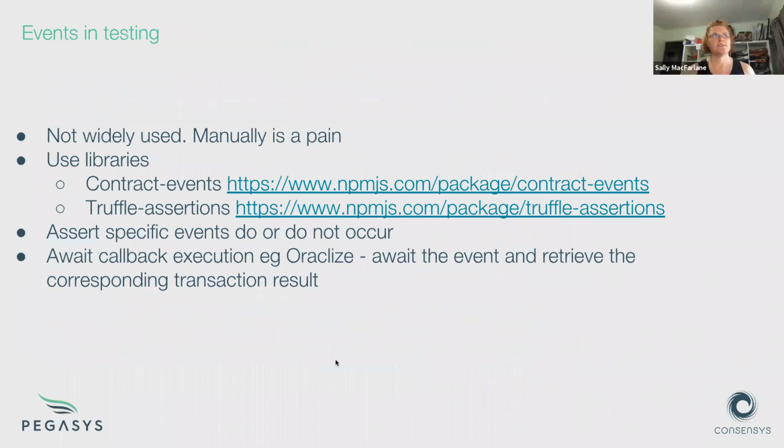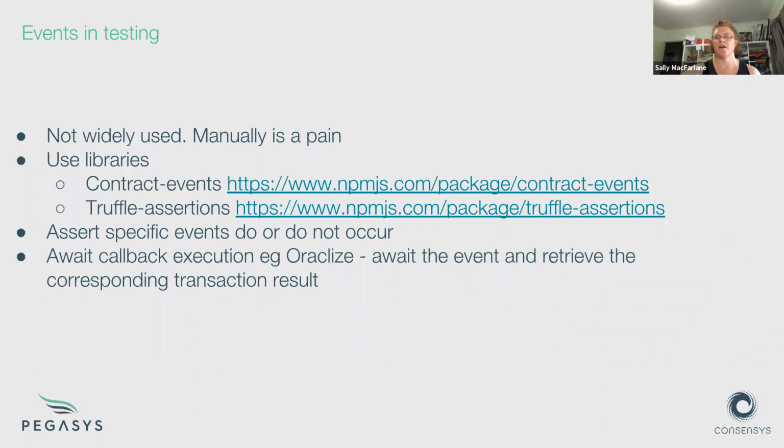So events in testing. The point here was that it's not widely used to test for event-related things because doing it manually is a bit of a pain. But there are a couple of libraries, and there are links there to JavaScript libraries that enable you to test for specific things related to events.